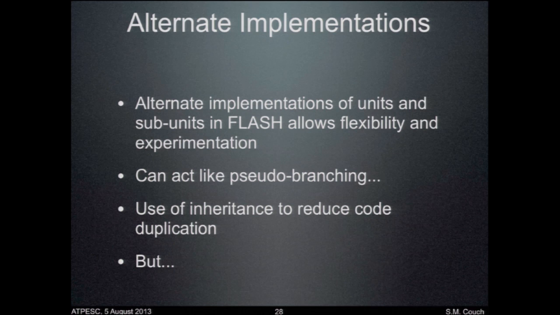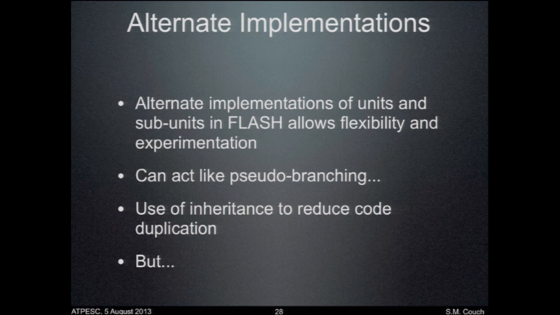Alternate implementations are really powerful. They allow a lot of flexibility and experimentation. They can almost act like pseudo branching, right? Where you take a piece of your code and you say, well, I want to do something slightly different. Copy, paste, and then you go to hacking. Use of inheritance is a good idea to reduce code duplication, but this model can get away.